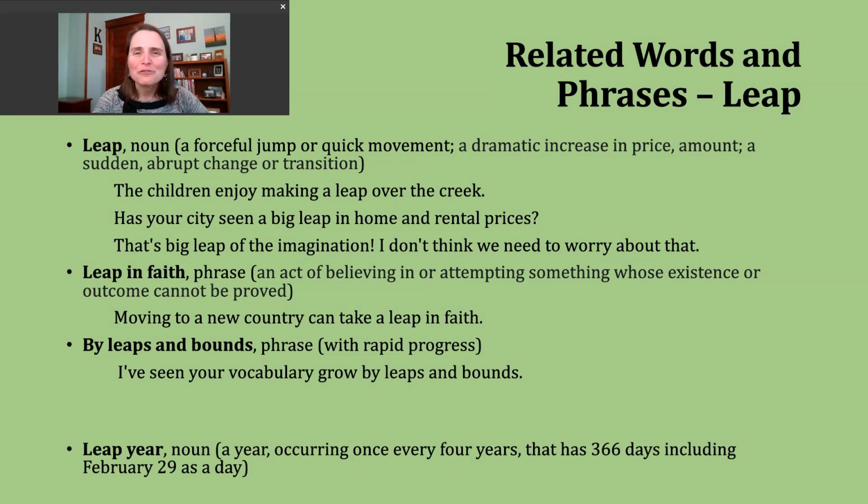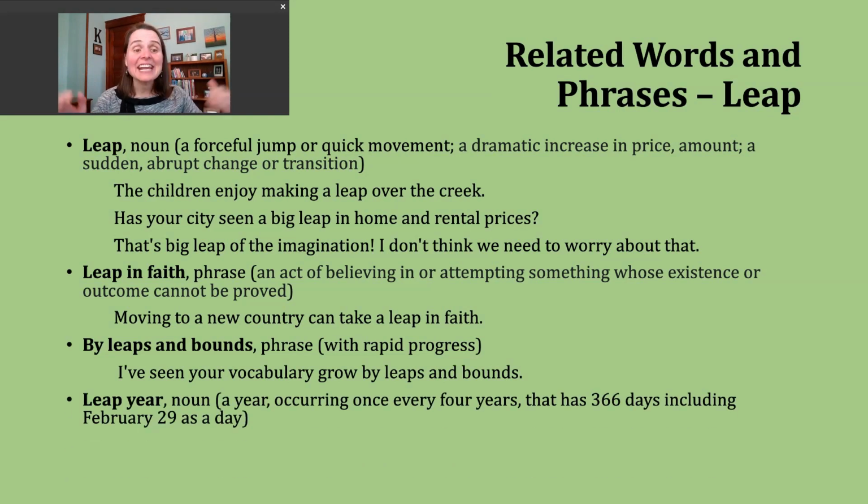One more word for us to discuss today, and it's leap year. Leap year occurs once every 4 years, and in that particular year we'll have 366 days, not 365. And February 29th is that extra day.